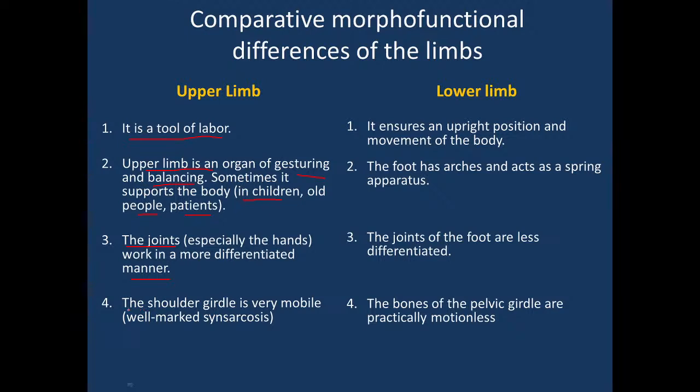And it is an important difference. Maybe you remember this difference from our lecture on limb joints. That is, the shoulder joint is very mobile in comparison with the lower limb pelvic girdle.